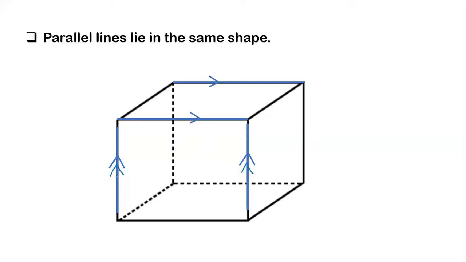We are having two arrows to mean that this one is parallel to this one. Then here we have one arrow to show that this one is parallel to this one. So this line is parallel to this line. Then this line with the two arrows is parallel to this line. I hope you understand that very well.